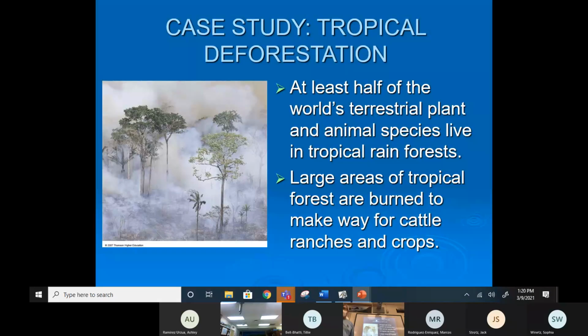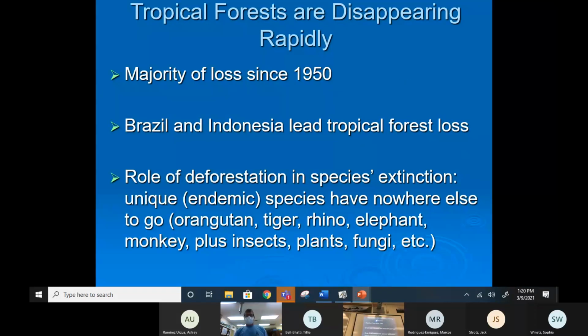But we clear large areas of them to make way for cattle ranches and for crops. Most of this loss has been since 1950, with Brazil and Indonesia leading the way on cutting down their forests. This has a big impact on extinctions because there's so many endemic species that have nowhere else to go.